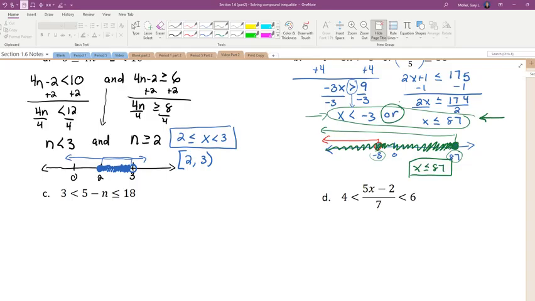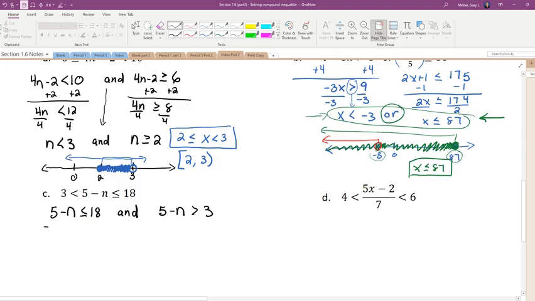Okay, let's take a look at this one. I'm spotting something that's also going to make sure I get this right. I'm seeing that minus on the n. That's going to be something I'm going to have to deal with appropriately. This is an and question, so regardless of what happens, I'm looking for the overlap. So 5 minus n has to be greater than 3.